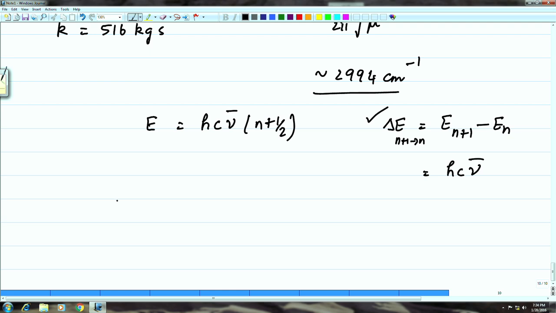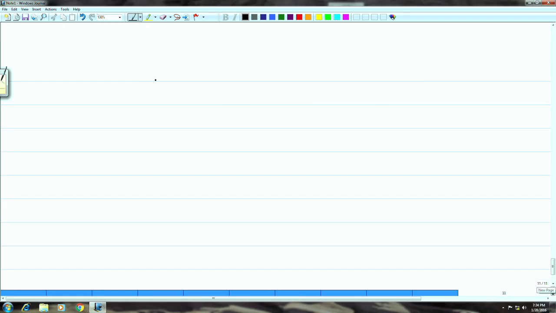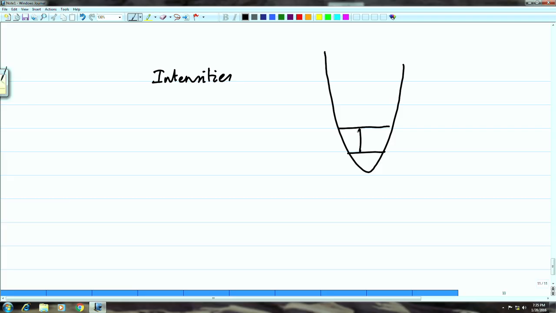And another important quantity that we have to calculate before we close this part of the lecture is the intensities, which are relatively smaller as you go from an energy level, for example, E0 to E1, and E1 to E2.